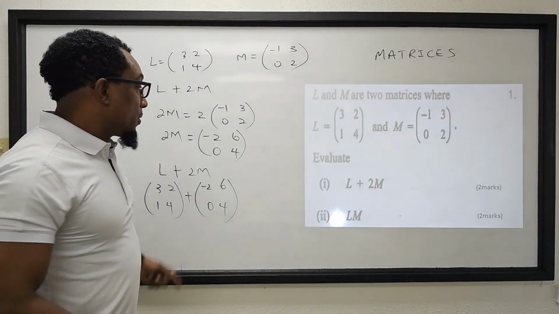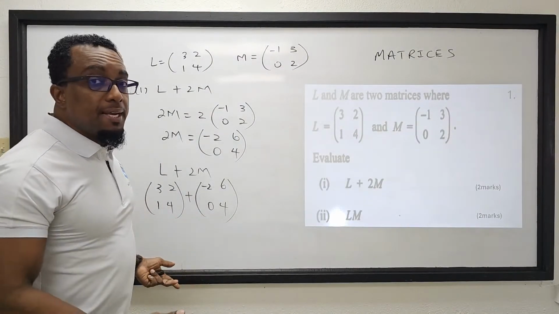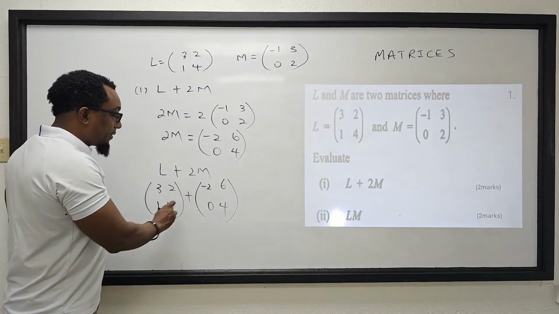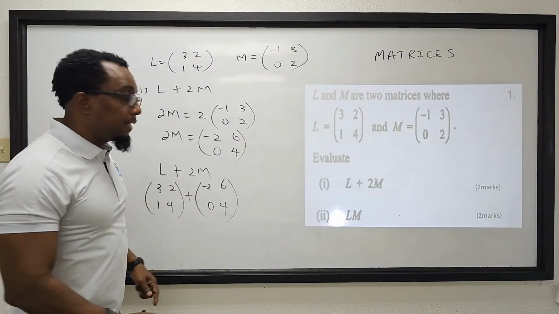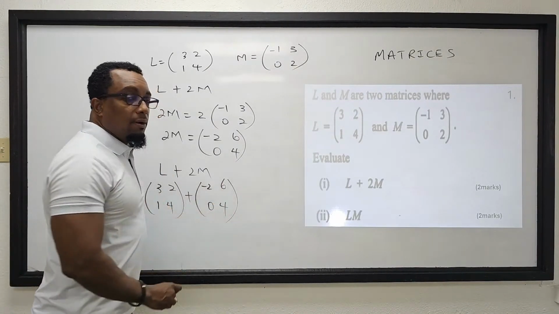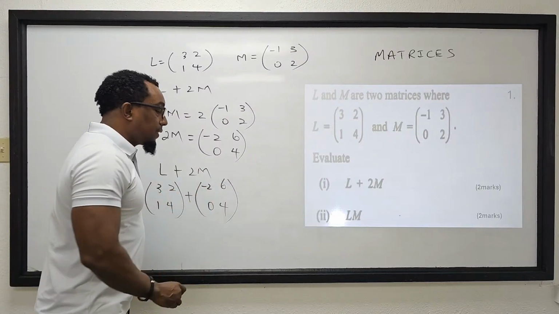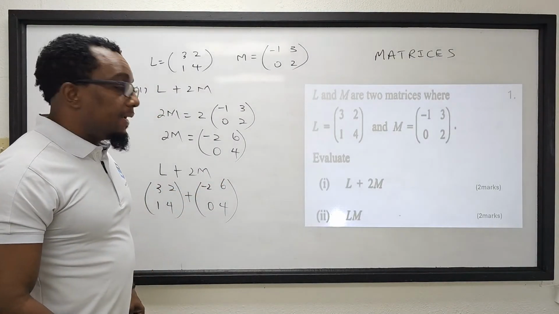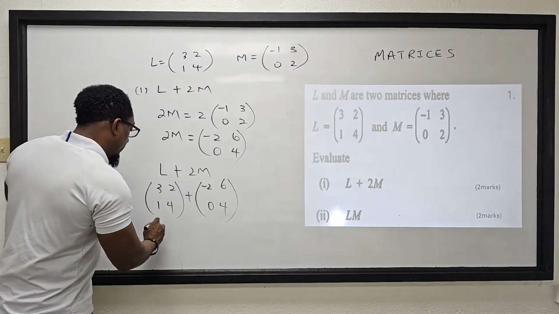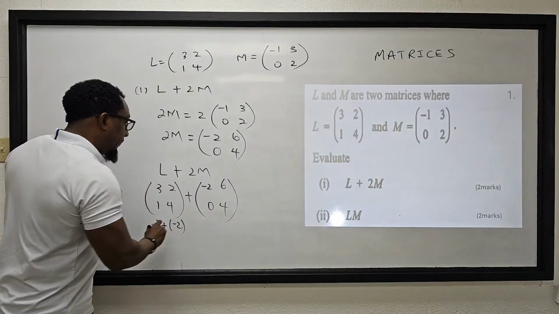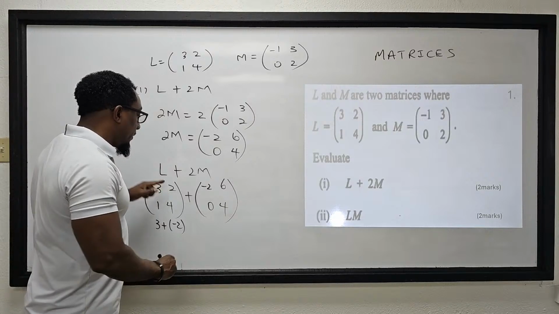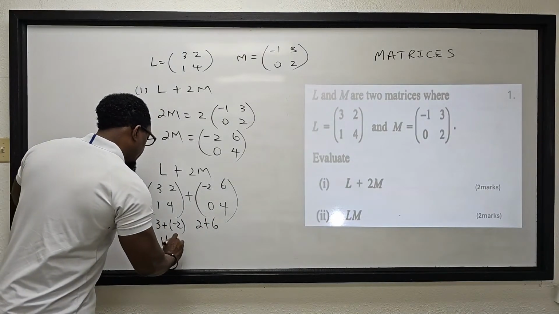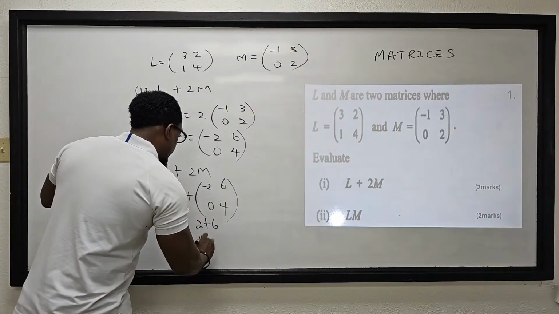And let's add. You add matrices once they have the same order. This is a 2 by 2 matrix, we have 2 rows running horizontally, 2 columns running vertically. Same for the other. So we add them by taking first element 3 plus first element negative 2, second plus second, third plus third, and fourth plus fourth.